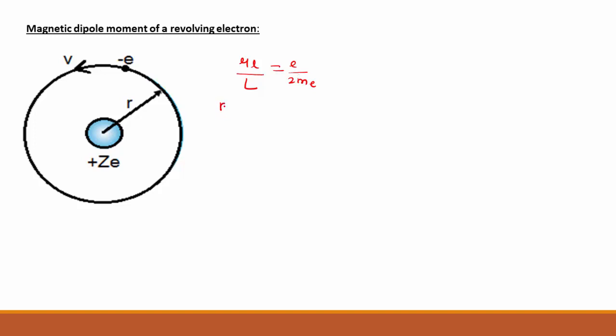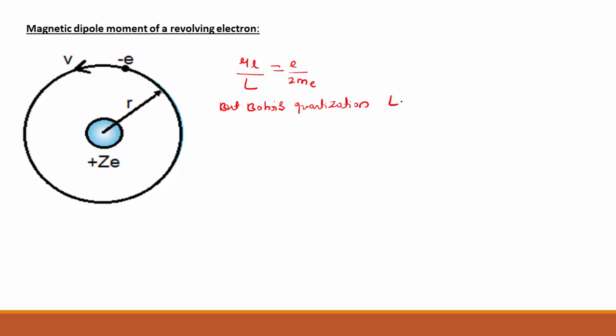But from Bohr's second postulate, or Bohr's quantization rule, the angular momentum of an electron is equal to an integral multiple of nh divided by 2 pi.